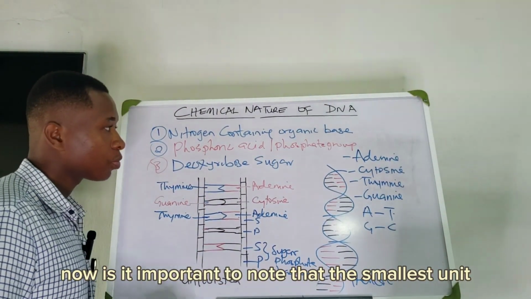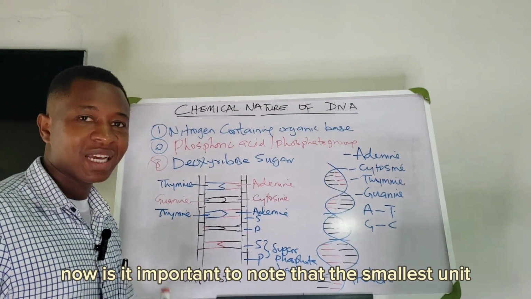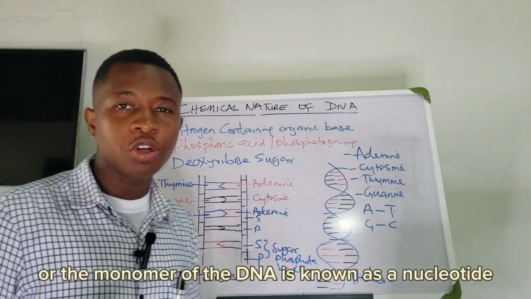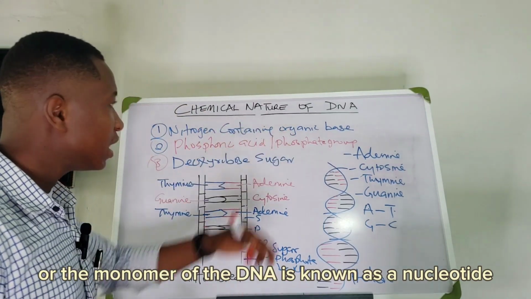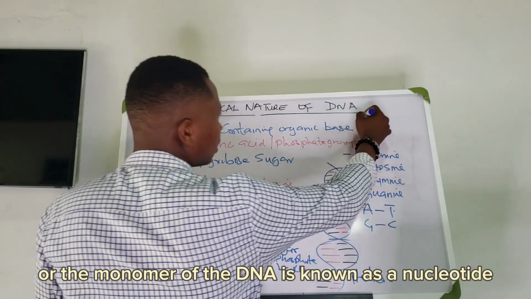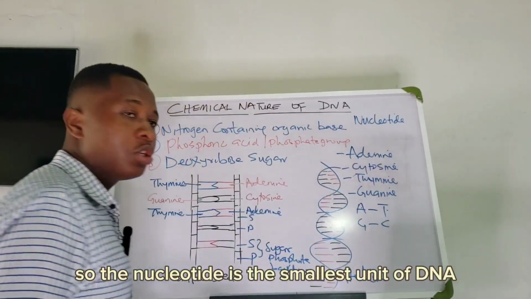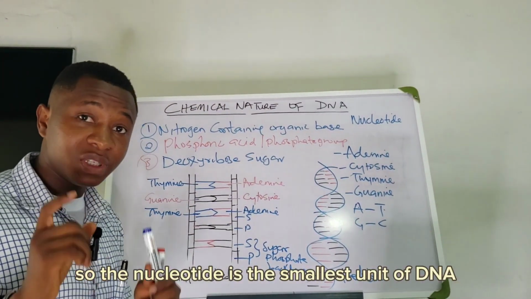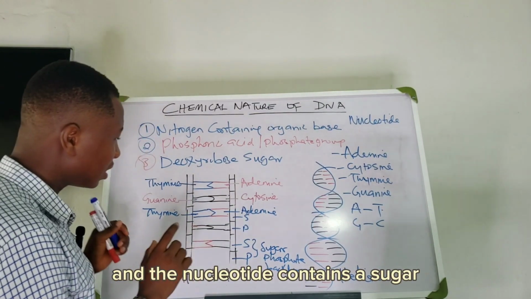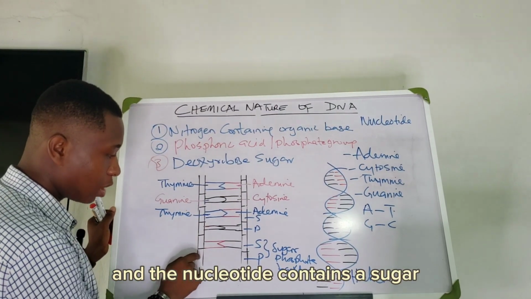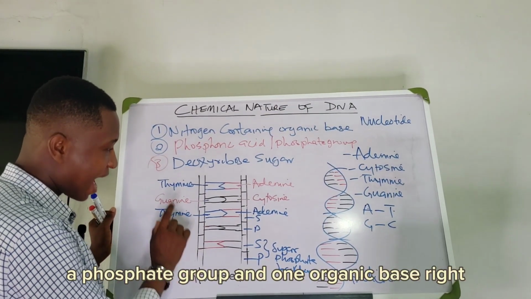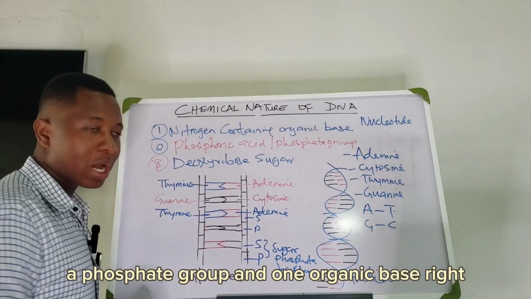Okay, now it is important to note that the smallest unit or the monomer of the DNA is known as the nucleotide. So the nucleotide is the smallest unit of the DNA, and the nucleotide contains a sugar, a phosphate group, and one organic base.